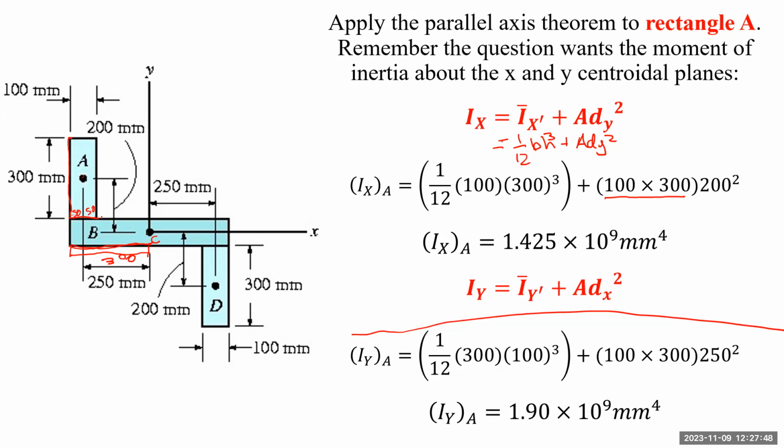Now, what you are left with here, this distance was 250, because if it is 300, then 50 from 300 gives you 250 between here and here, right? This is the distance you need, from here to the center.